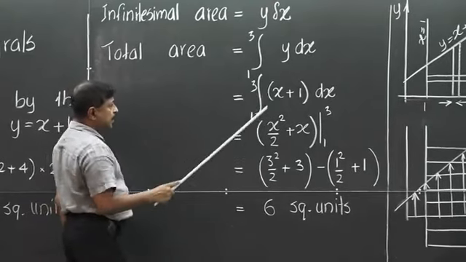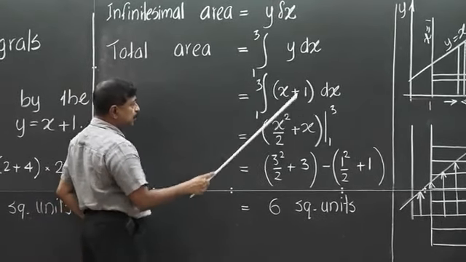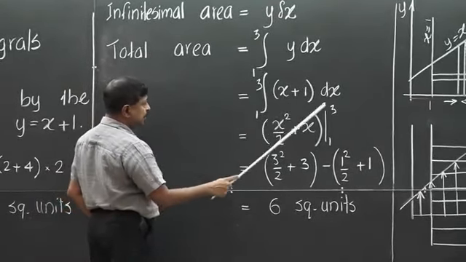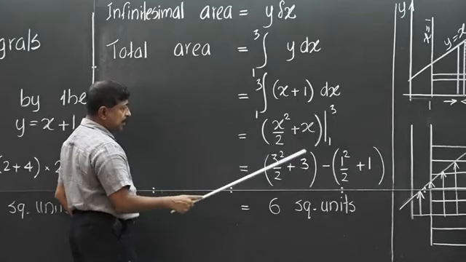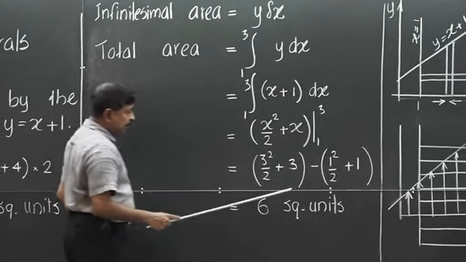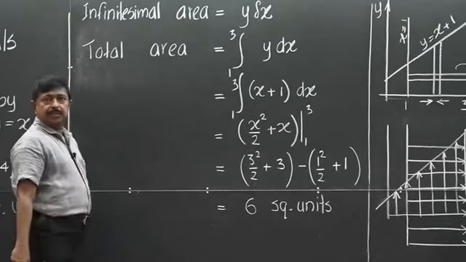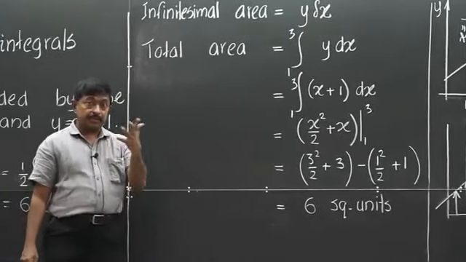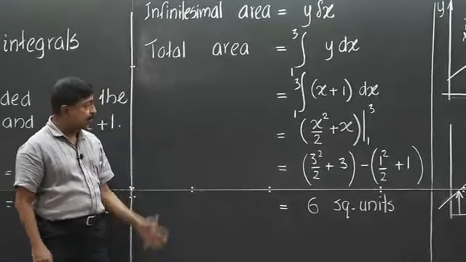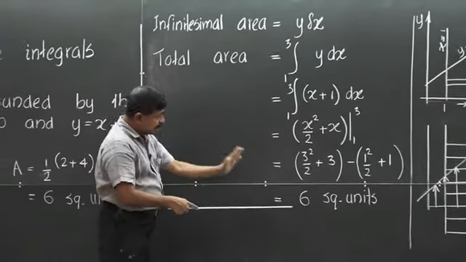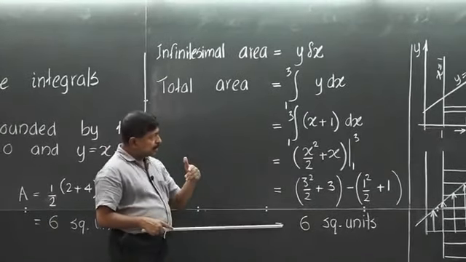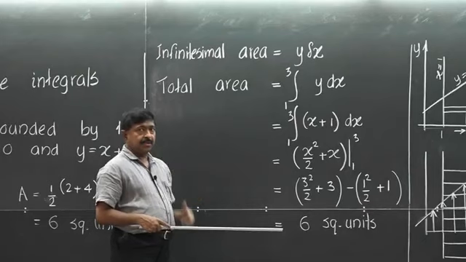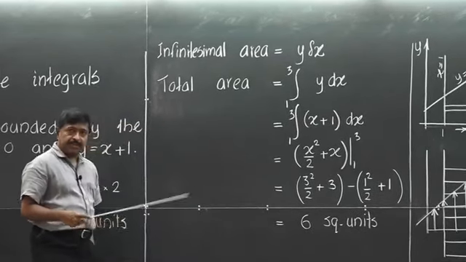Now it's a simple integral. This will give you x squared over 2, and this will give you x. These are the limits. First you plug in the upper limit, then you plug in the lower limit. When you simplify this, you get 6. So the same answer. That will justify the correctness of this, and we are already familiar with this one. Now we will move to our last way of computing this area.